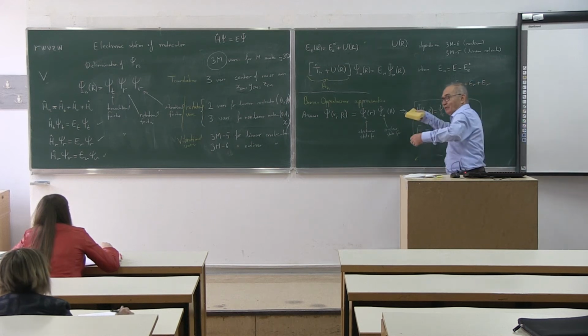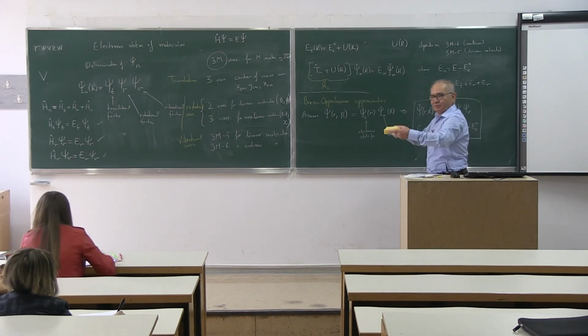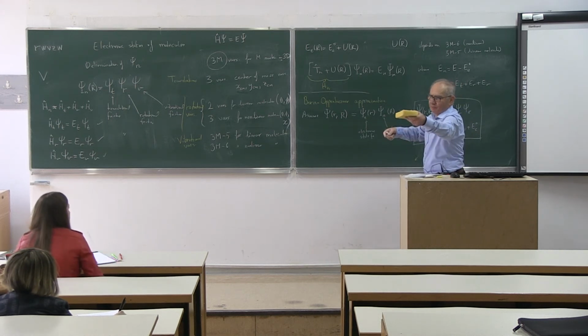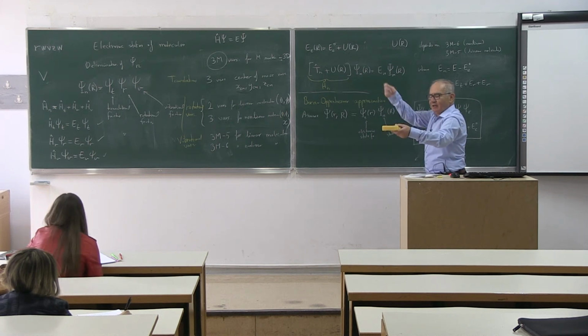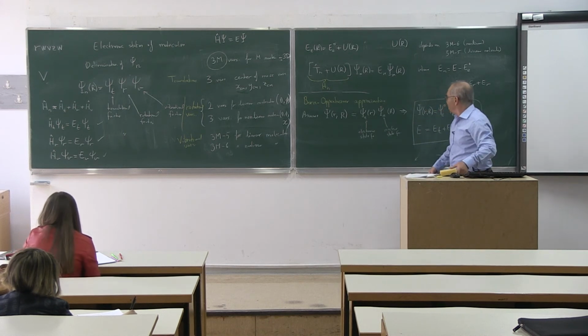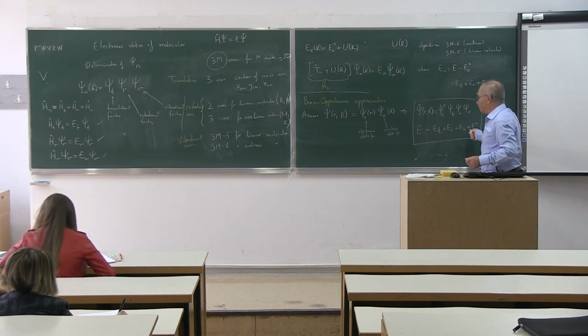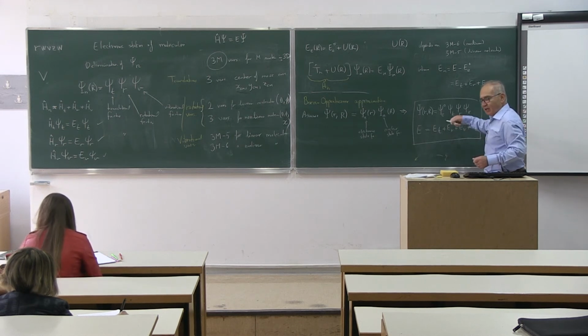Translation means the overall motion; the molecule continues in the same translational state when light is absorbed by the molecule. The rotational state or vibrational state or electronic state may change.